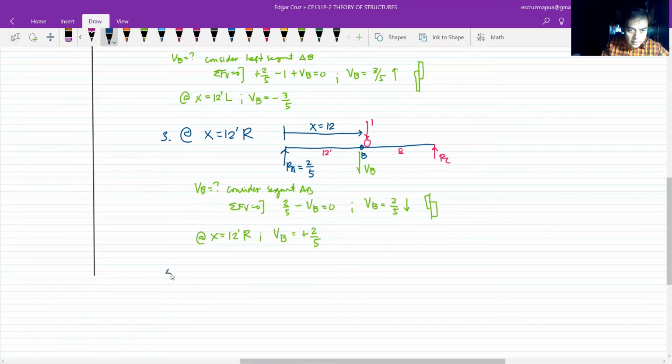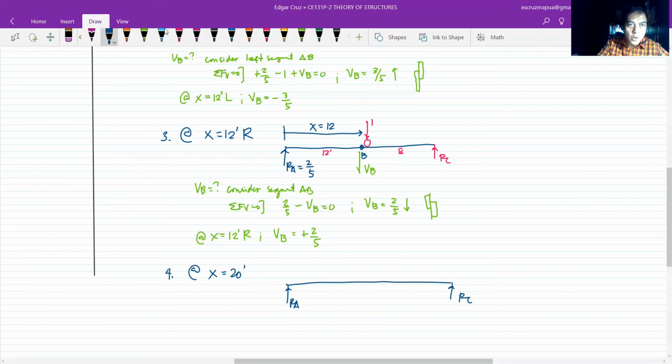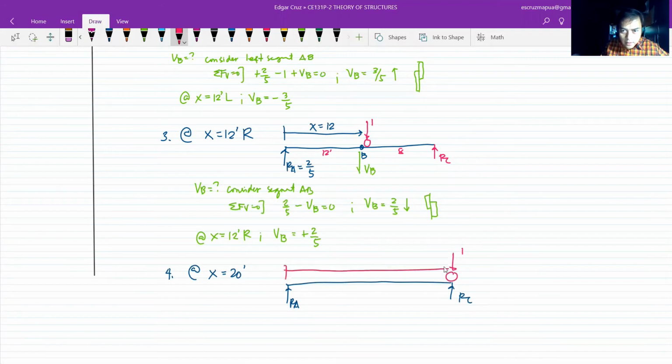Okay, so let's say consider point 4 at x equals 20. Nasa reaction na. Okay, so when x equals 20, so ito yung beam natin, ito yung RA natin, ito yung RC. Okay? Tapos yung unit load daw natin nandun sa x equals 20.